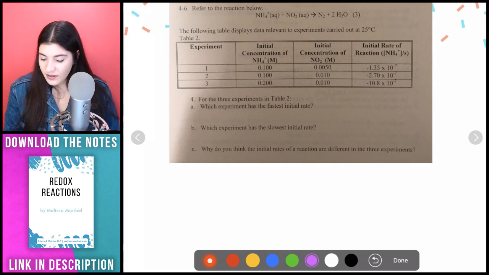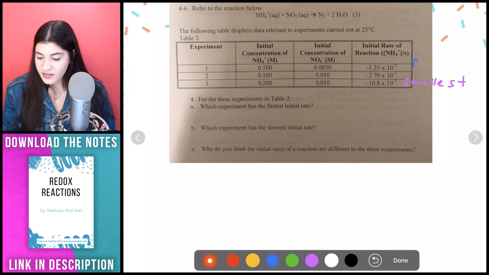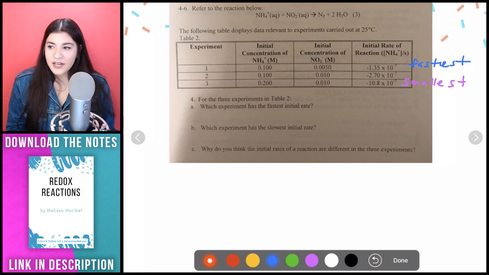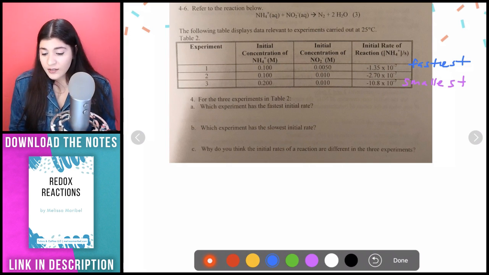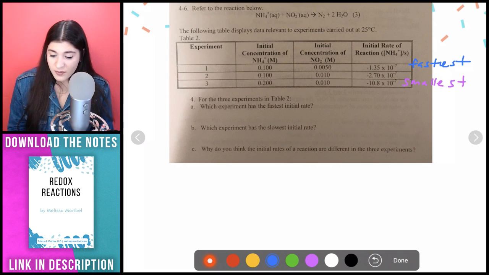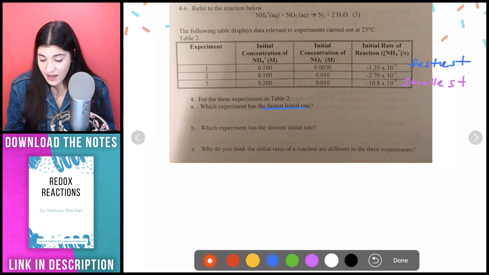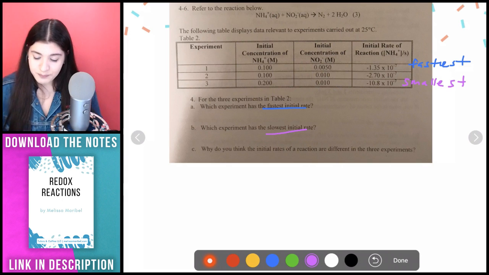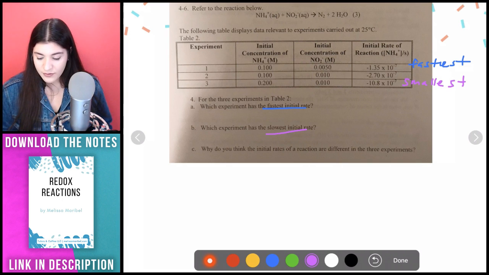So really, because this is negative, this is the smallest. And then, let me use a different color, that negative 1.35 is actually the largest, or the fastest. So that's essentially what you're looking at here: the larger the initial rate, the faster it is. And the smallest initial rate means it's the slowest initial rate. So that would be for part B.